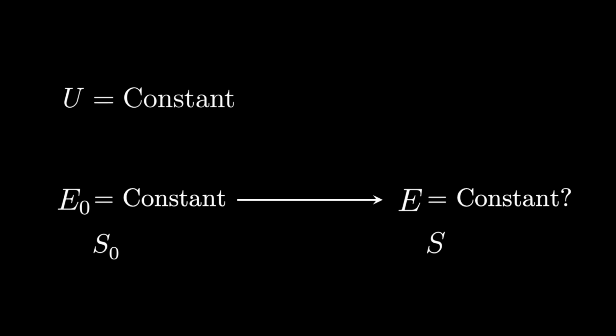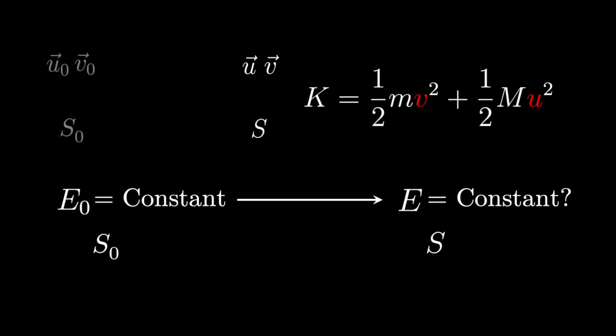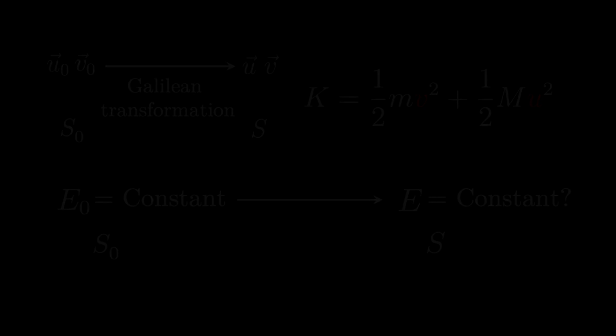Since the potential energy is constant in both frames, the only term that could make the energy variable is the kinetic energy. To determine the kinetic energy, we need to know the speed of the Earth, v, and the speed of the Sun, u. These can be obtained from their respective velocities in frame S sub 0 through a Galilean transformation.